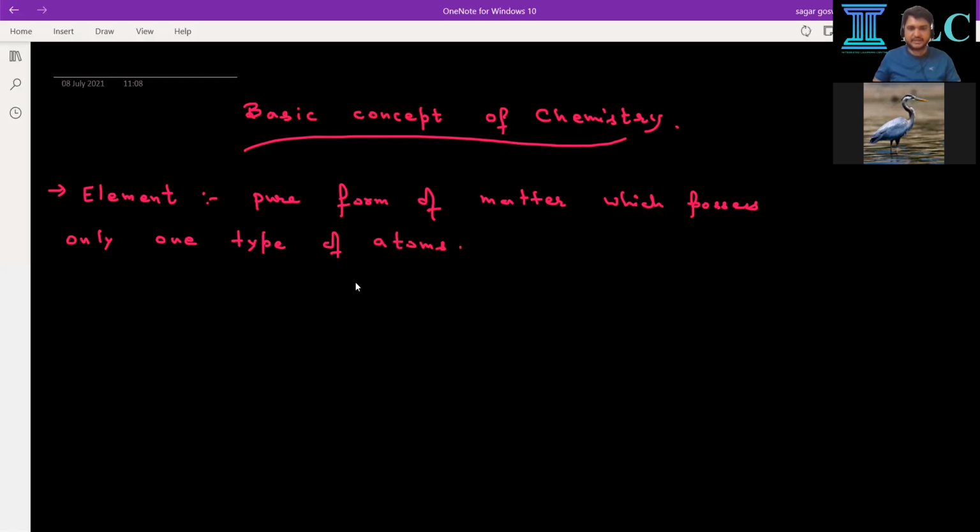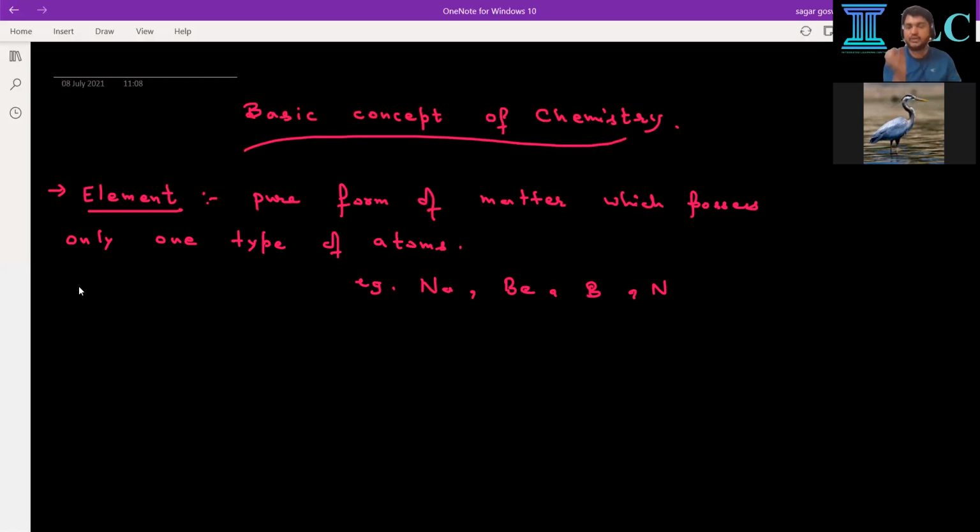For example, suppose I have sodium, beryllium, boron. Sodium contains sodium atoms, beryllium contains beryllium atoms, boron contains boron atoms, nitrogen contains nitrogen atoms only. So all these are elements only. And you can also say in other language: metals, non-metals, and metalloids.